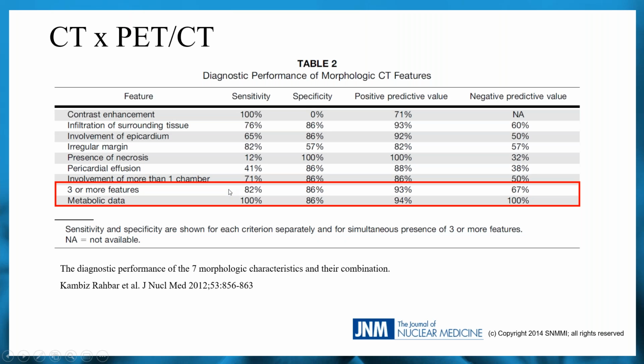Using these features, the sensitivity was 82% with an 86% specificity. When you added the metabolic data of the PET-CT, the sensitivity went to 100% with the same 86% specificity.